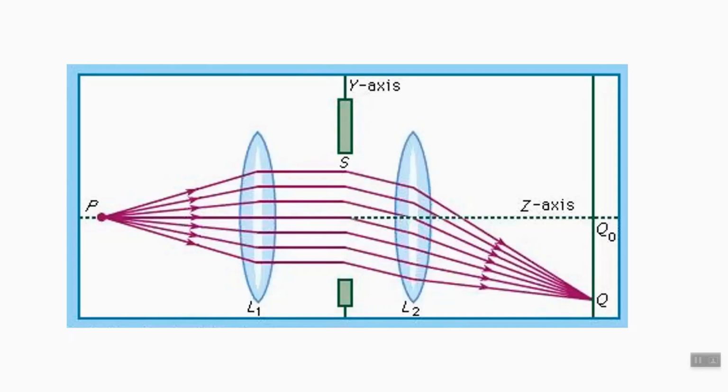So this figure represents the Fraunhofer class of diffraction. This represents the source and this is the screen, and both are kept at infinite distance from this slit with the help of two convergent lenses L1 and L2.